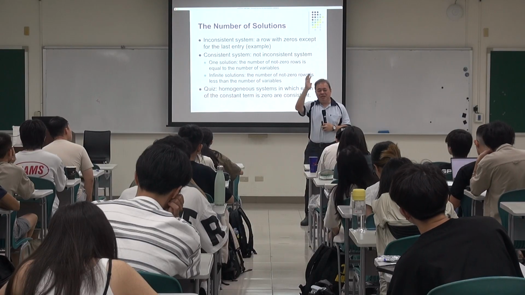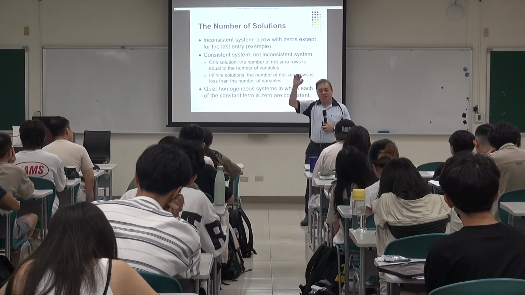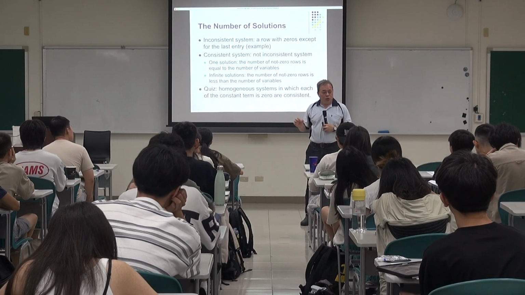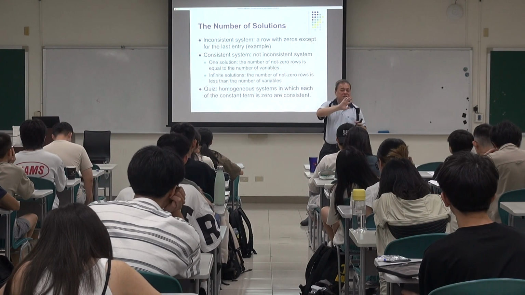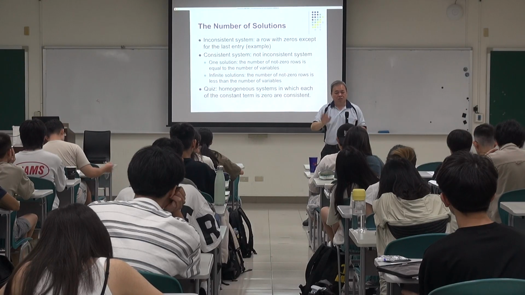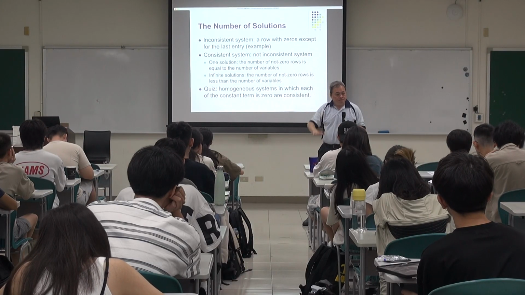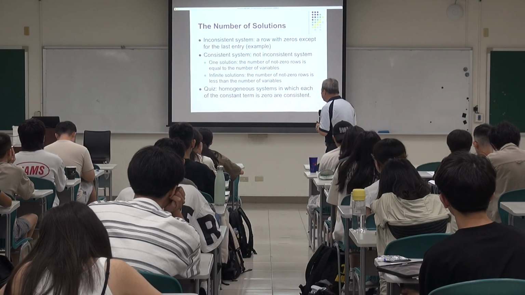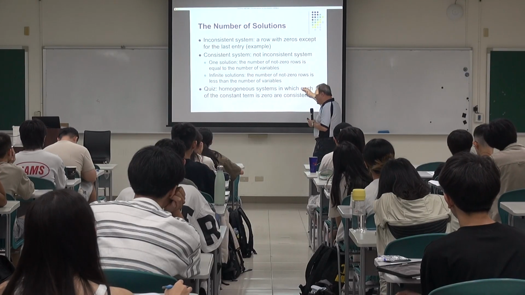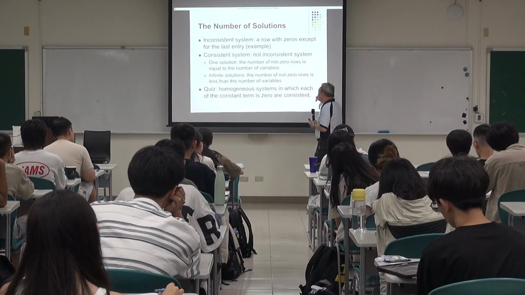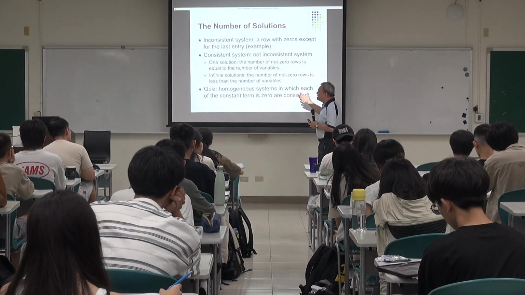Okay, 所有右边的那个 constants 都是零。OK，左边当然那个 x1、x2 那边，它的 coefficient 是可以是零的，但是右边那边都是零，这个叫做 homogeneous system。OK, if it's like that, then it must be consistent, right?